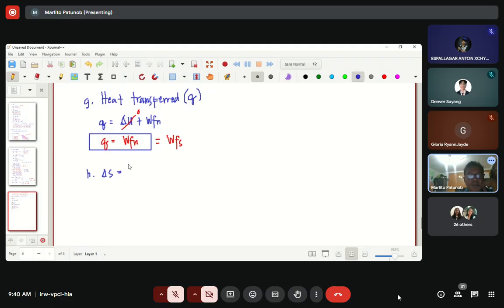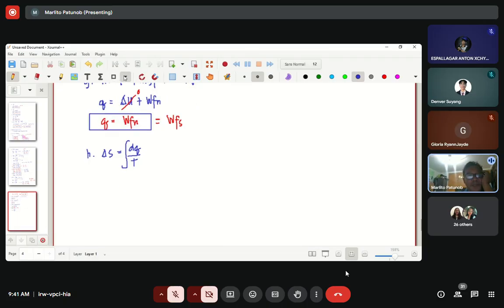It is the integral of dq over T. But this one, I would explain a little bit simpler, you know? On the TS diagram.